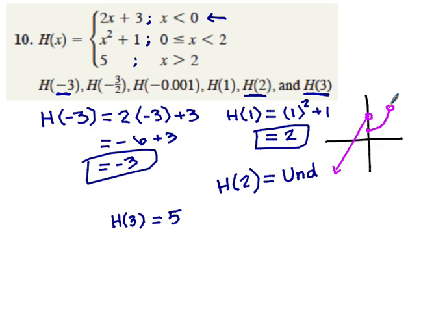Open circle doesn't include there. And then at 2, it behaves like just equals 5. So it's just that horizontal line. So at x equals 2, we have that undefined moment. And then anything beyond 2, it's just 5, doesn't matter. It's just always 5. So that's kind of what that would end up looking like.